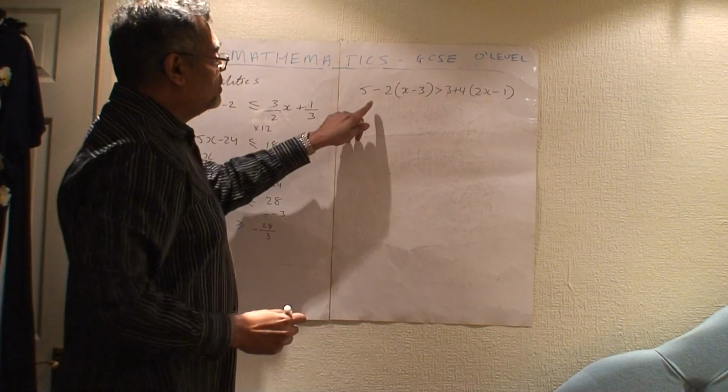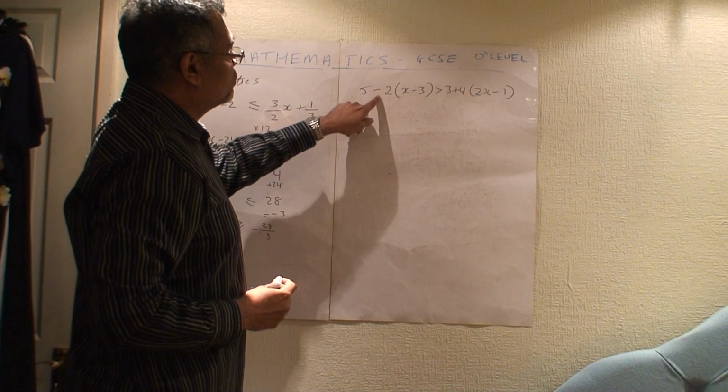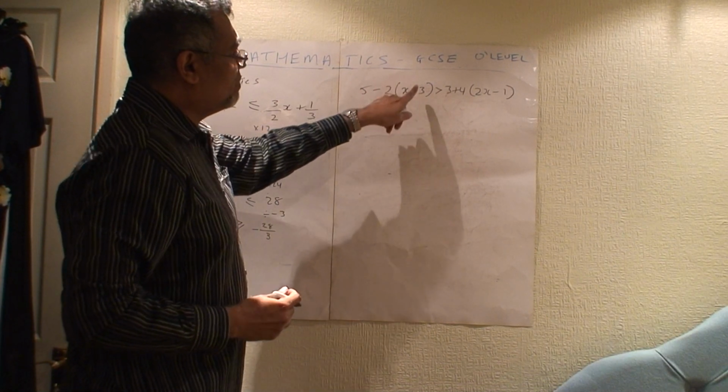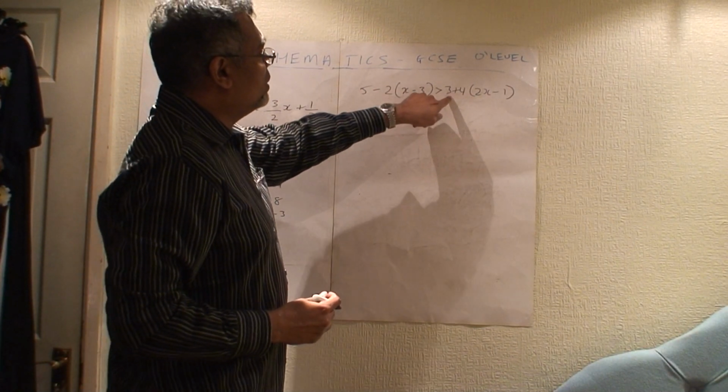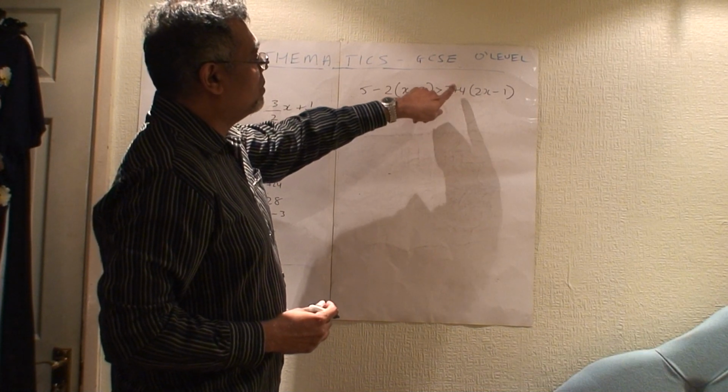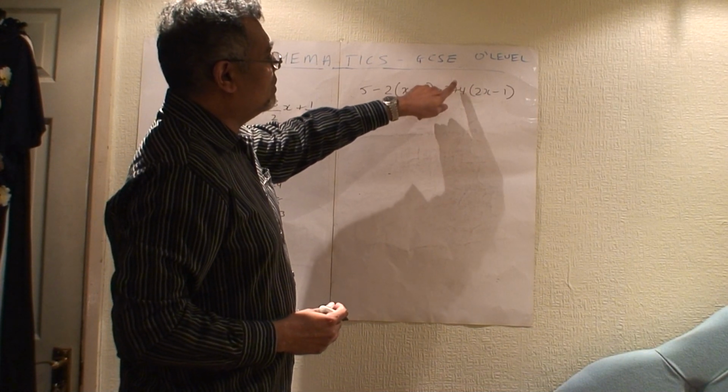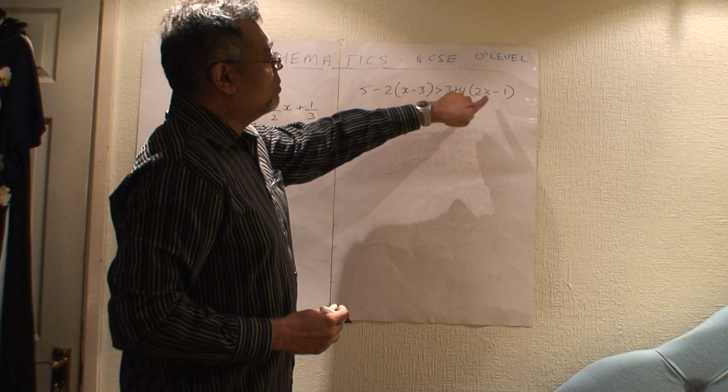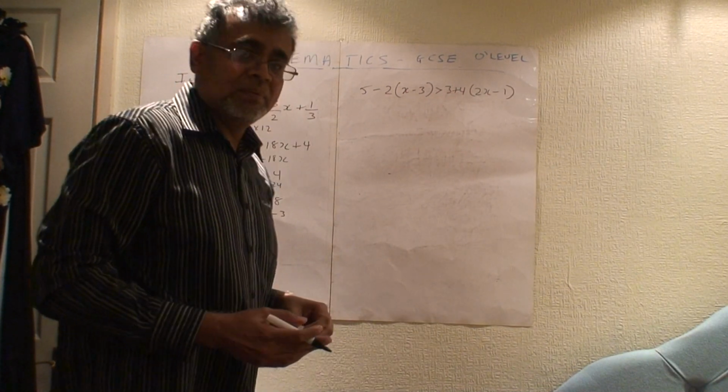But don't be tempted to think that 5 minus 2 is 3, so we take the 3 and multiply it by everything in here. Or that 3 plus 4 is 7, and we take the 7 and multiply it by what's in the bracket. That's not what it means.